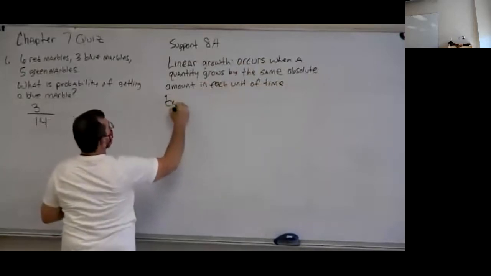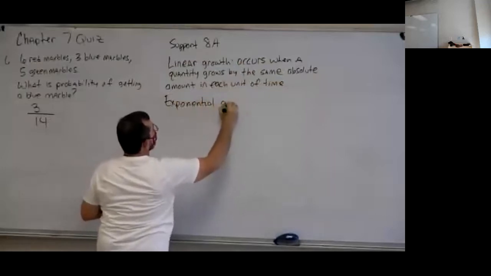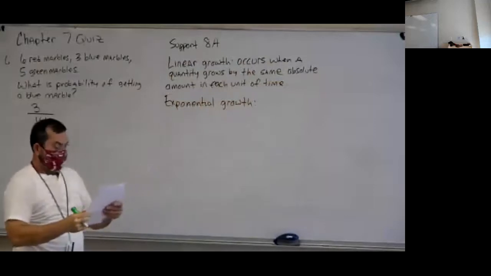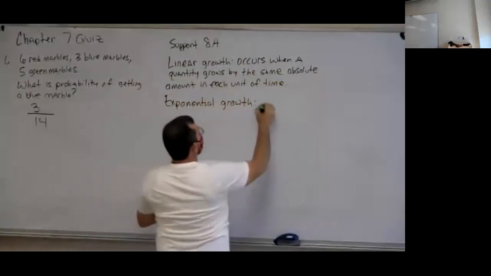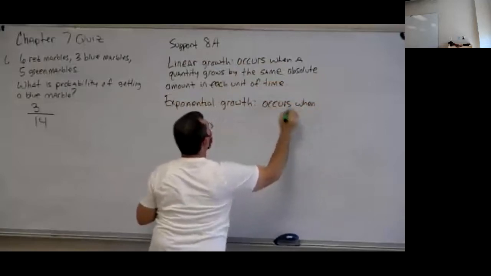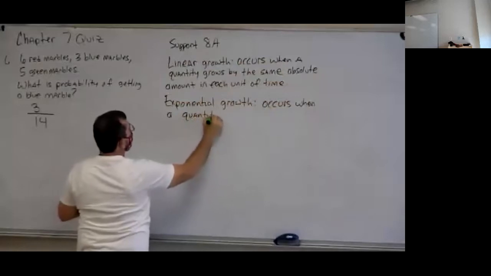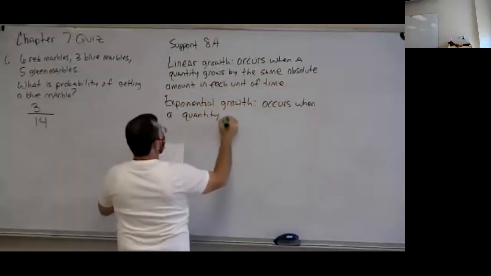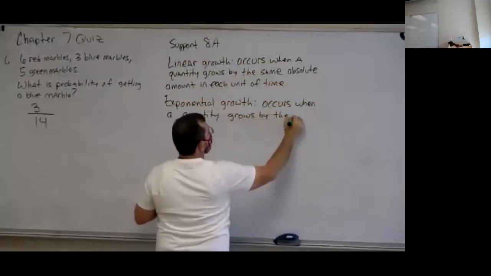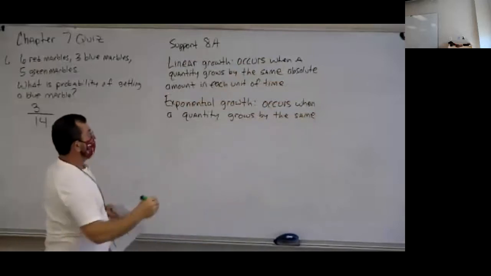Exponential growth occurs when a quantity grows by the same relative amount.